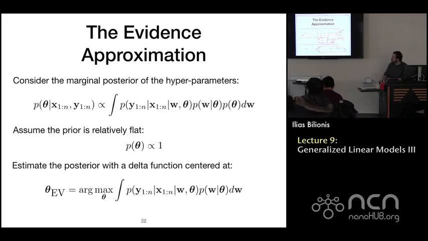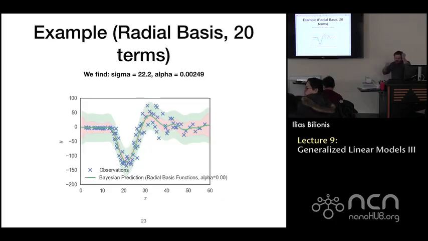Do we have any homework on degenerate priors? Let's add it in the next round. All right. Anyway, if we use the radial basis functions with 20 terms, and we use this to select sigma and alpha, that's the sigma that we're going to find, that's the alpha we're going to find, and we start getting results that are a little bit less prone to overfitting.